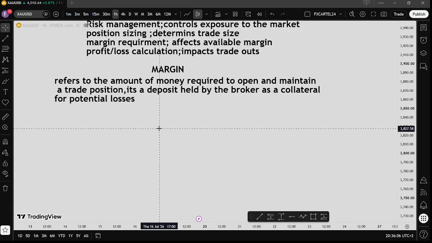But most of the money that we deposit is like a collateral for them to give you the possibility to enter a position and maintain it in the market, because we, the retail traders, don't have enough money to move the market, so they lend us their money through margins. They hold it as a collateral.